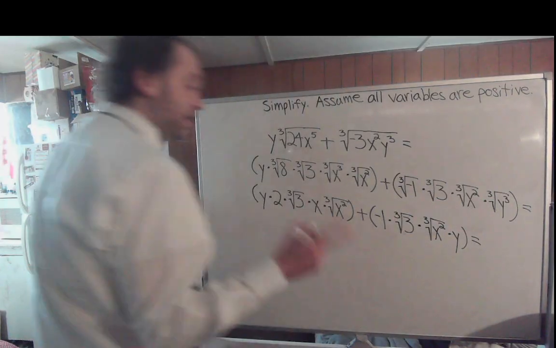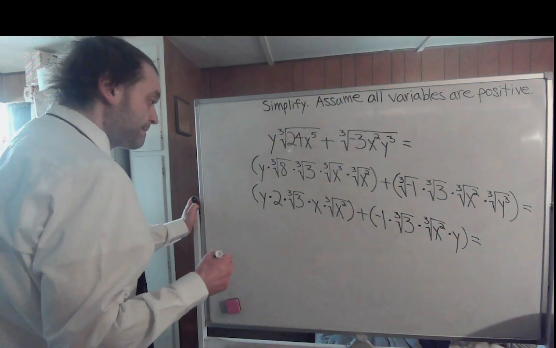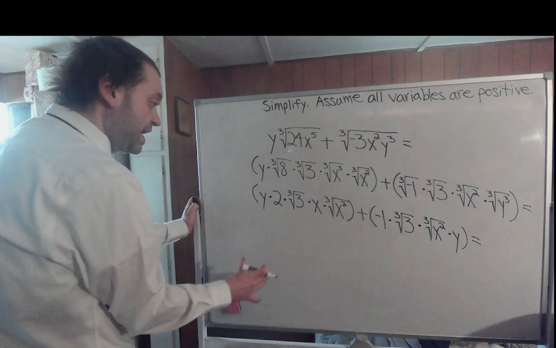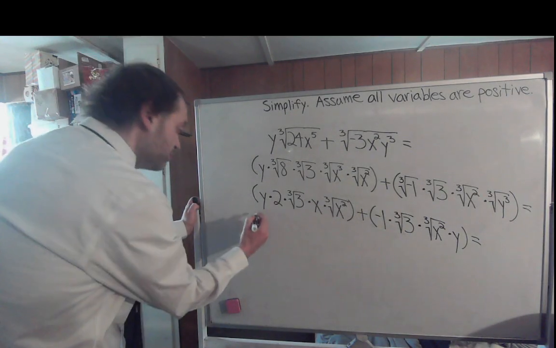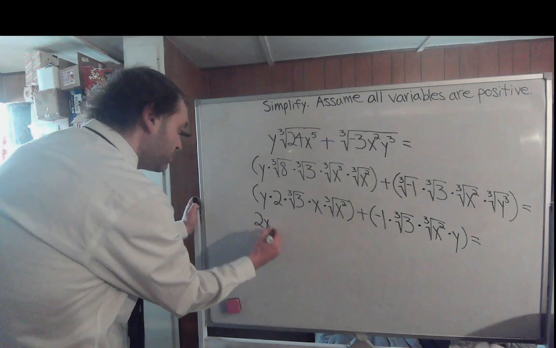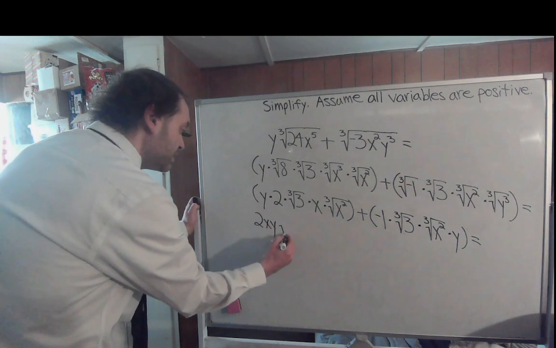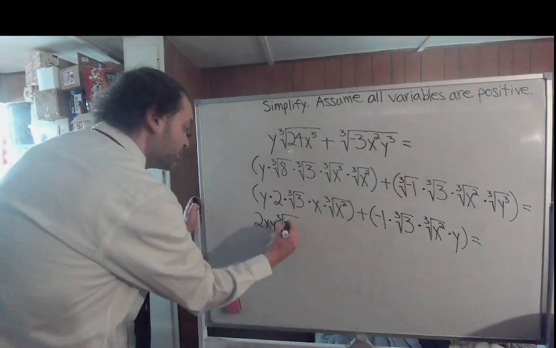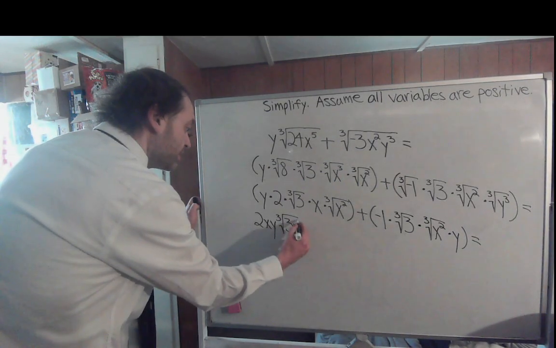So let's simplify a bit further. Take everything outside the radicals. You'll end up with 2xy times the cube root of 3x squared.